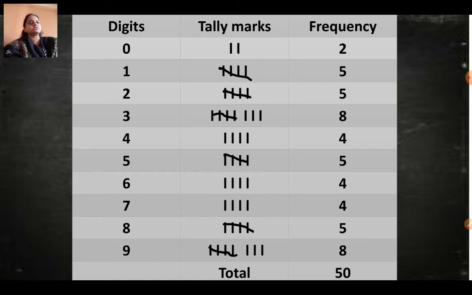Tally marks are also important. Just see for the number 1, you can see over here 4 lines, and the frequency is 5. Therefore 1, 2, 3, 4 and the 5th line is a cross line. The total frequency is 50.